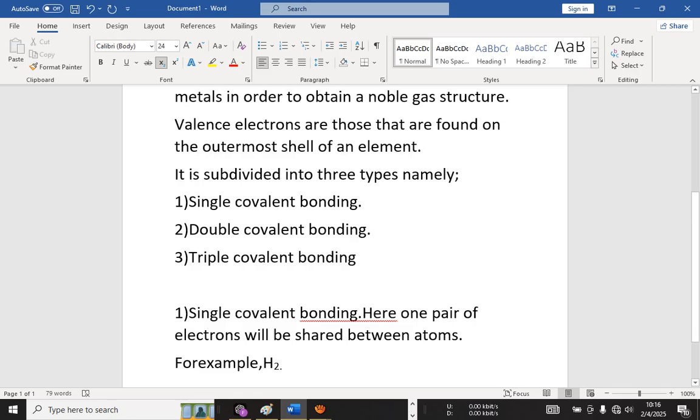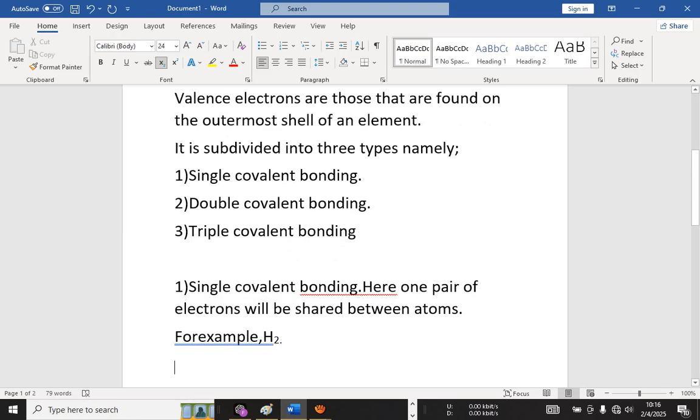So what you should know first, why I told you that the valence is more helpful here, because why? Hydrogen, if you look at hydrogen, hydrogen has one valence electron.